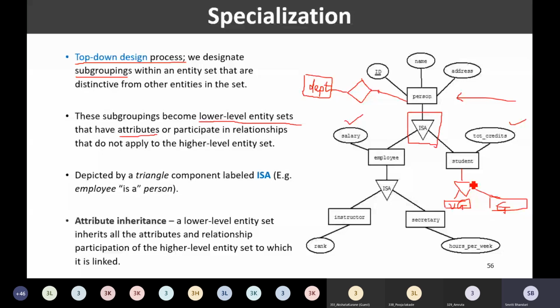So I may say UG student is a student, or the graduate student or a postgraduate student is also a student. So I may have this ISA relationship under student also. Is that correct? Yes, ma'am. So I hope you must have understood this concept of specialization, right?